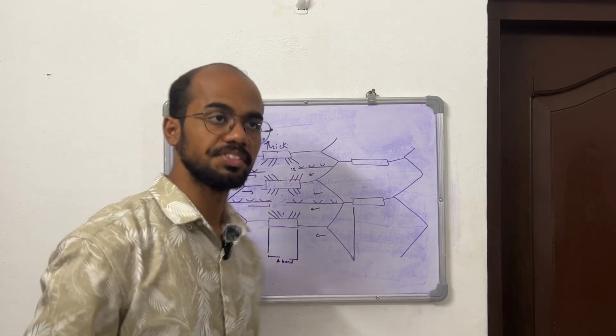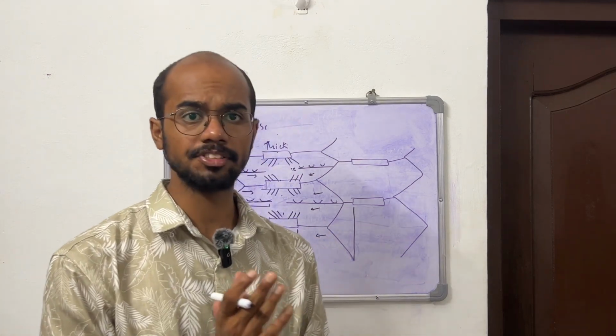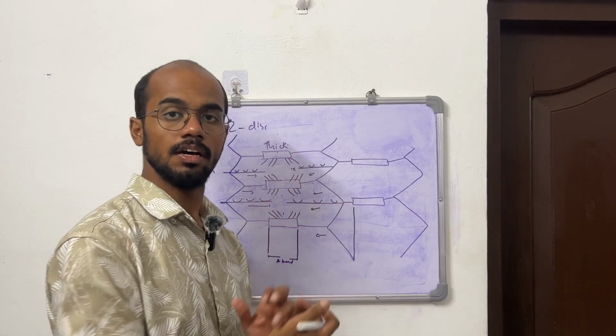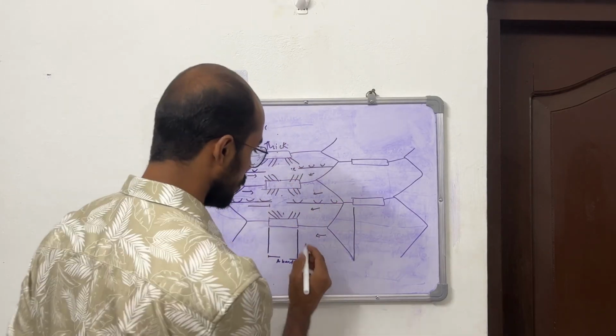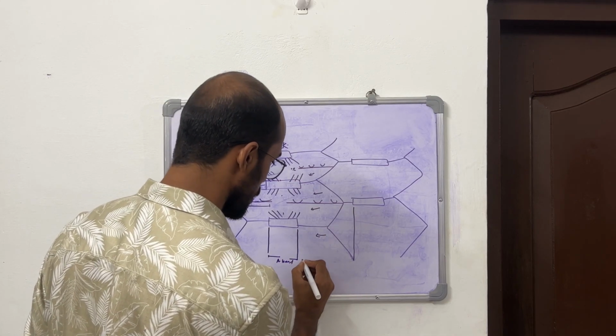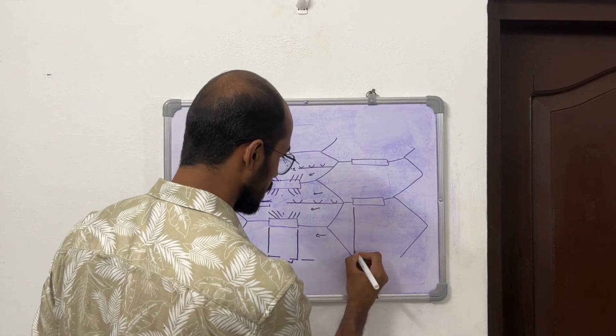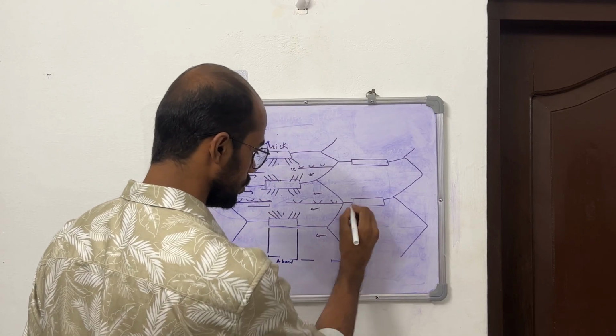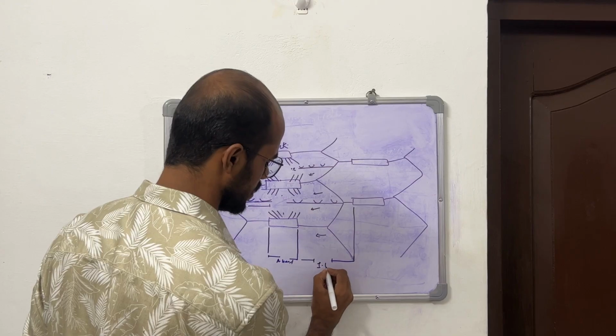Okay, and what was the I band? The I band was something that extends between adjacent ends of the myosin filaments. So the I band here extends from this point to the nearby myosin filament. Okay, from this point to this point. So this is the I band.